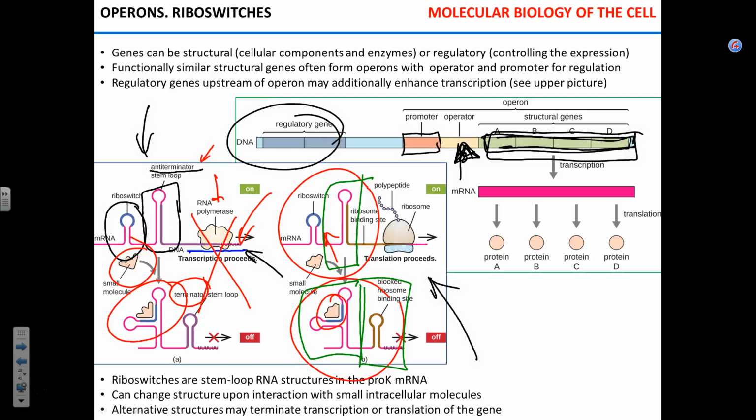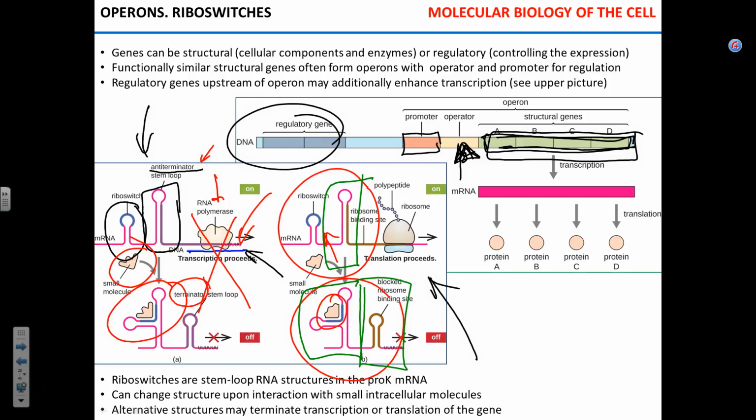Yes? Since bacteria do both at the same time, does it only take one switch to turn it all off, or just sections of it off? Great question. Can a riboswitch turn off transcription and translation at once, or does it need two different switches, since they happen at the same time?